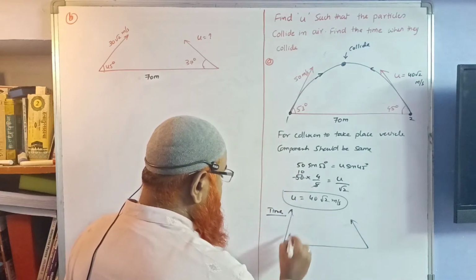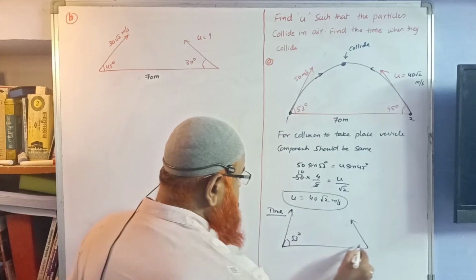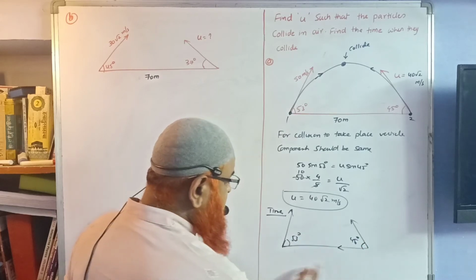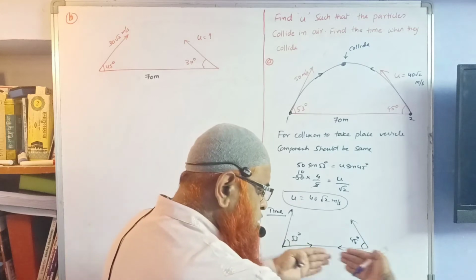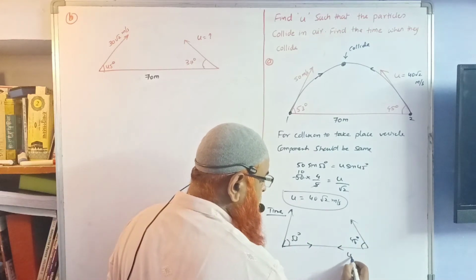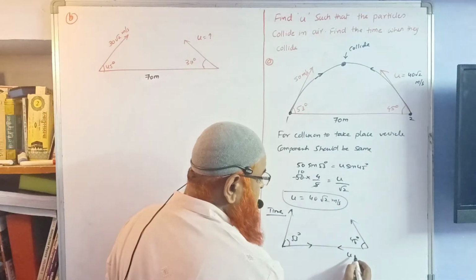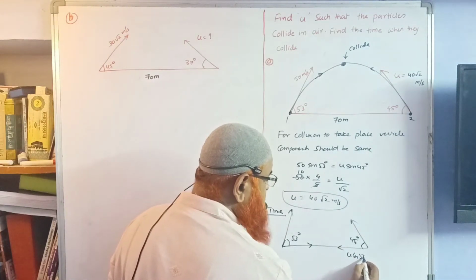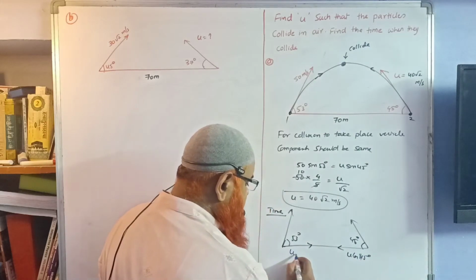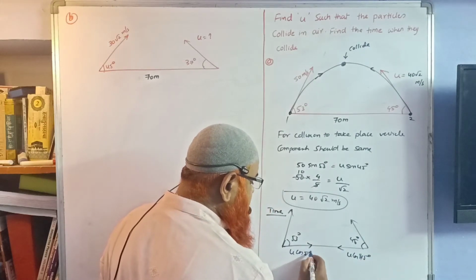For example, this is 53 degrees and this is 45 degrees here. We need to consider their horizontal components. The horizontal component of the second body is u cos 45 degrees, and the first one is 50 cos 53 degrees.